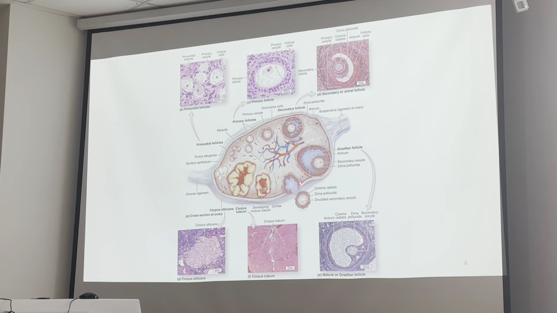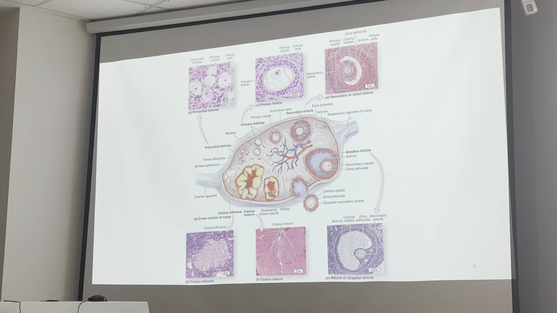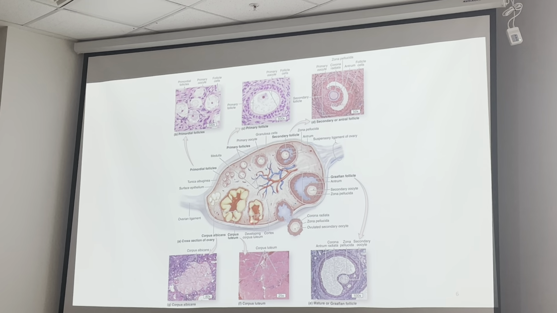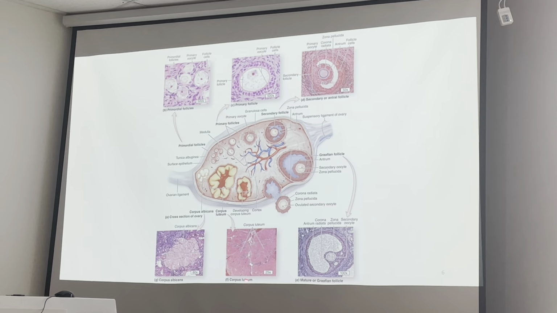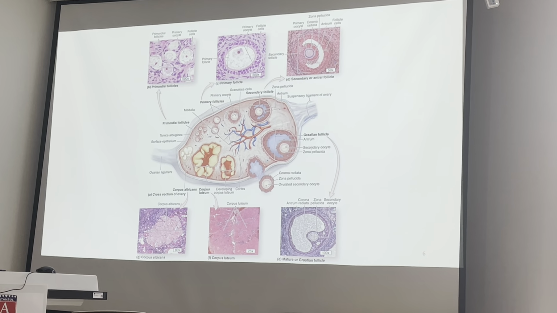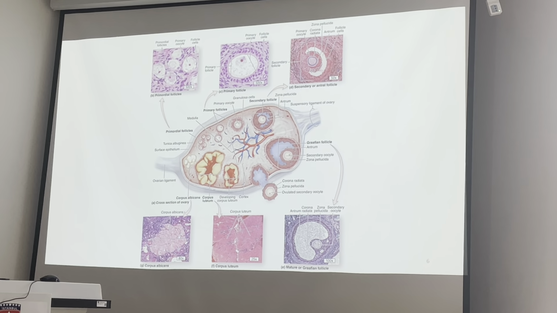The remaining parts of the follicle, as you can see, change into the corpus hemorrhagicum, and after that change into the corpus luteum. Here you can see the corpus luteum. The corpus luteum has two types of cells, granulosa lutein and theca lutein cells.